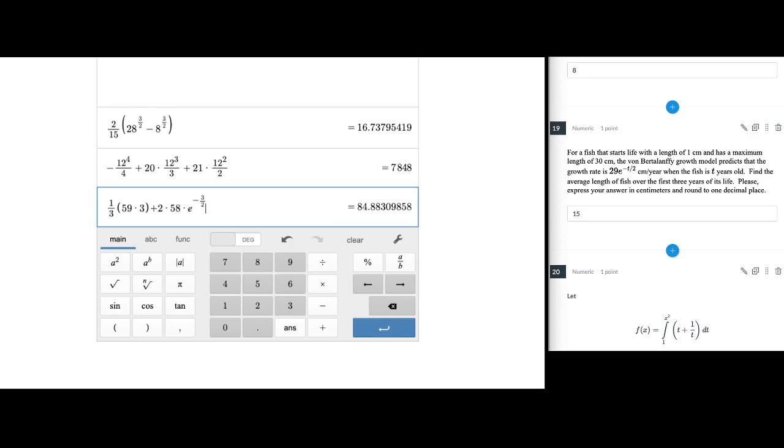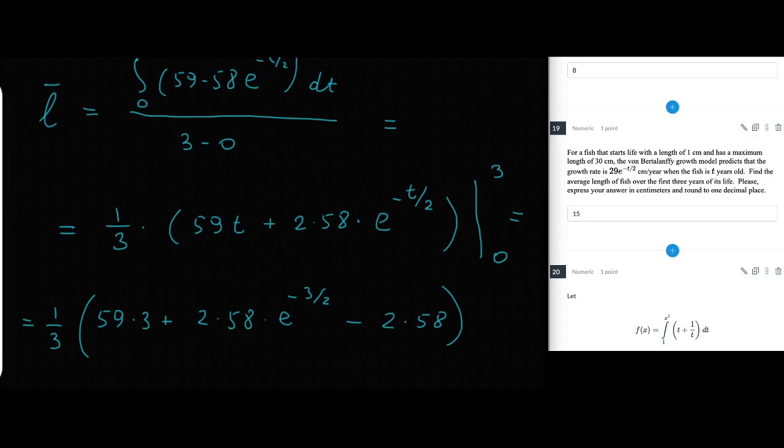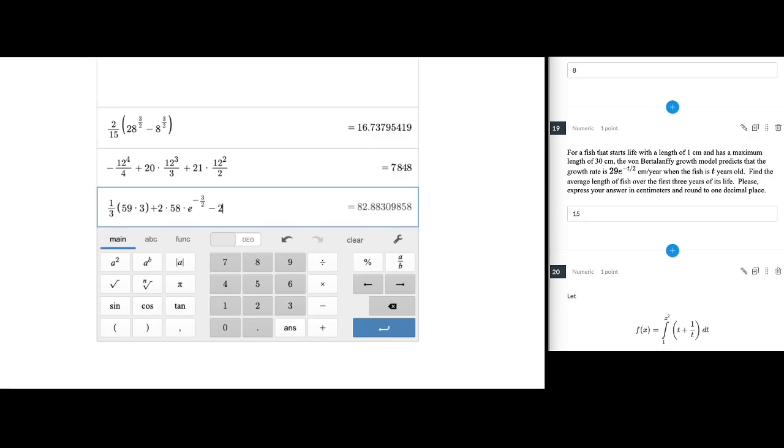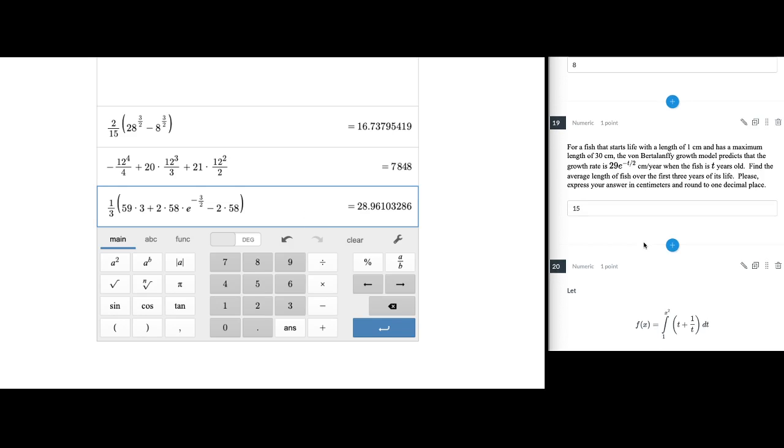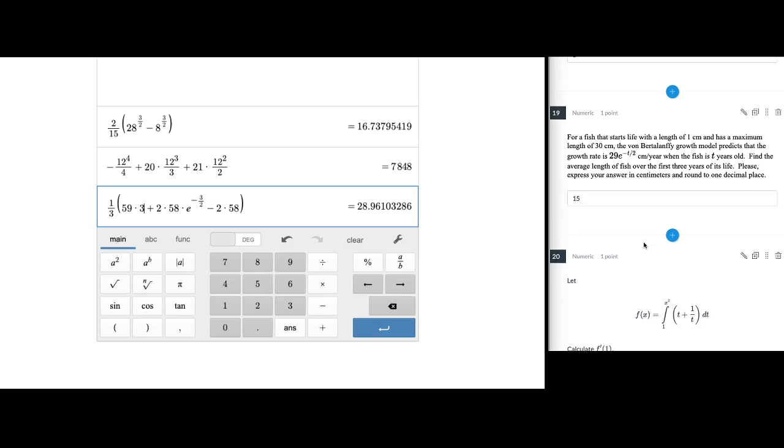And then I have to subtract 2 times 58. There is something wrong here in the formula. I think I placed closing parentheses not where I should have. And that gives us the answer.